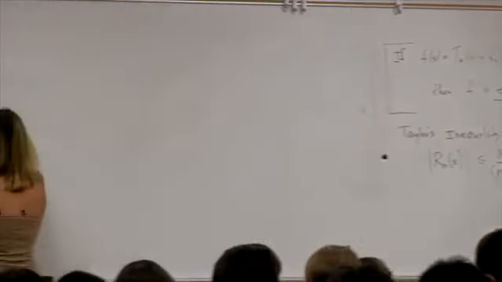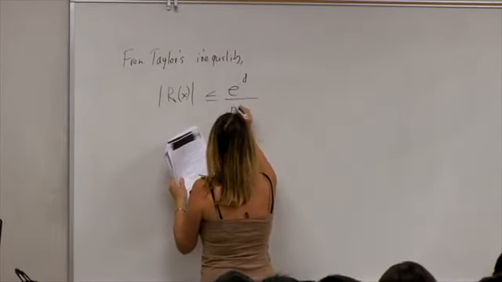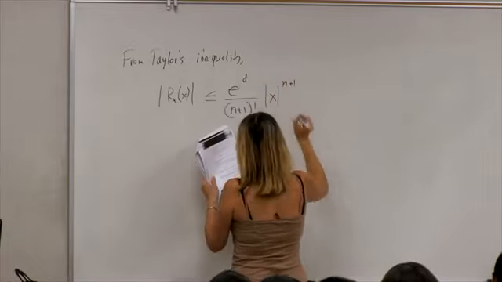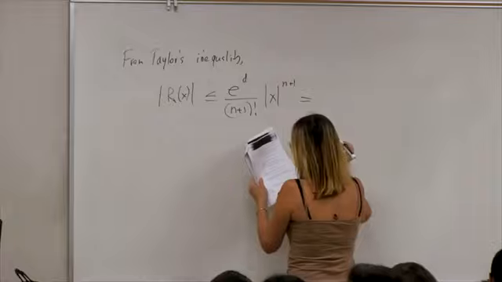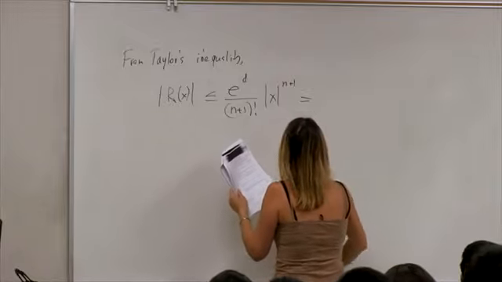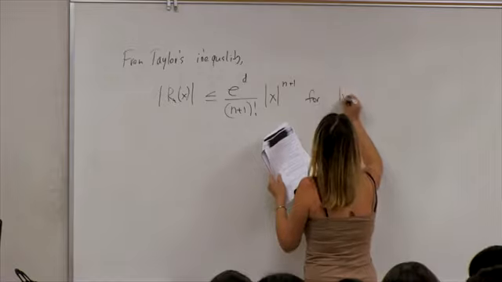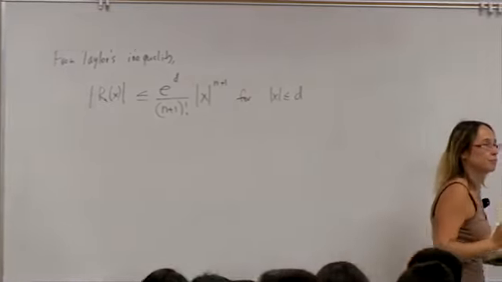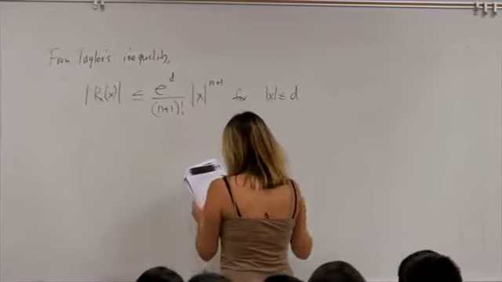So we have e to the d over (n plus 1) factorial times |x|^(n+1), for x in the interval bounded by d. Okay. So this is the value of M.